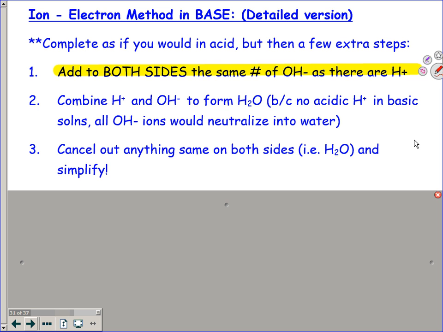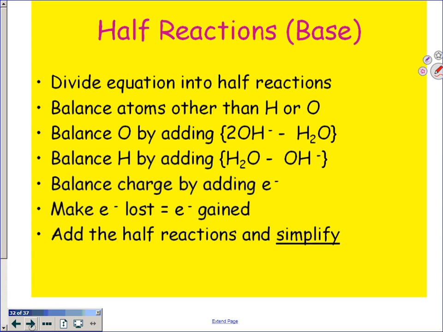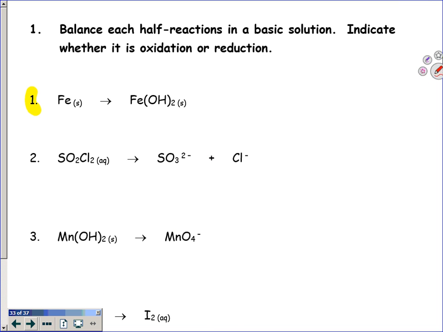So we're going to go from iron to iron 2 hydroxide. I can go back to this page if I need to. That one makes it more complex. So this is what we're going to do first. So just balance this half reaction as if you were doing it in acid. Okay? Just balance this half reaction as if you were doing it in acid.